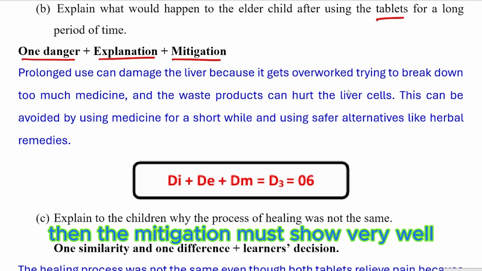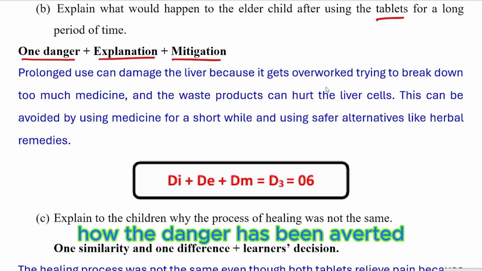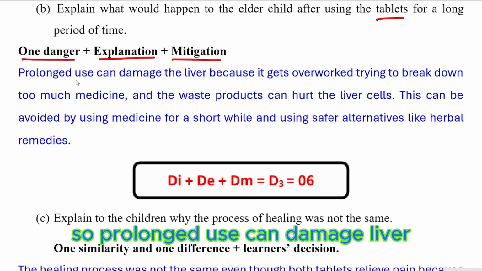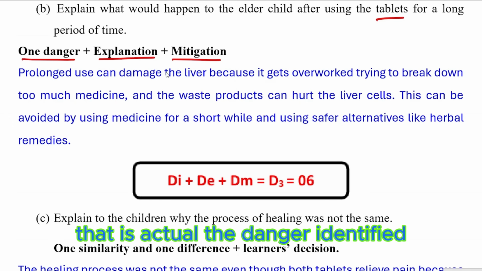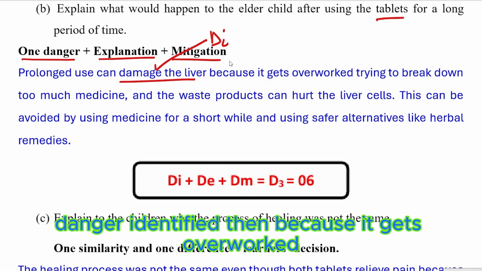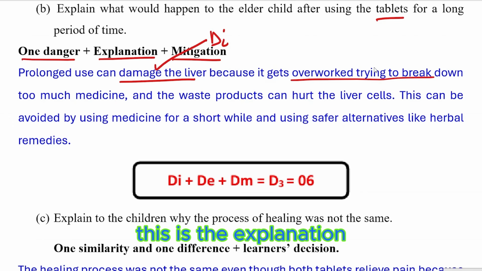Then the mitigation must show very well how the danger has been averted. So prolonged use can damage the liver. That is actually the danger identified. Then because it gets overworked, this is the explanation now.